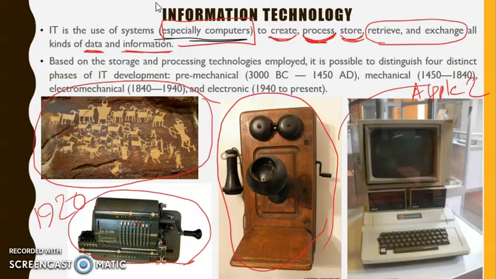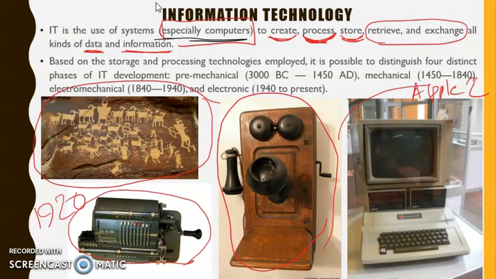So in this slide, we noticed what is information technology, and usually it's to our students' surprise to notice, oh, the definition of information technology is that. Information technology could be even a drawing belonging to 1000 BC.